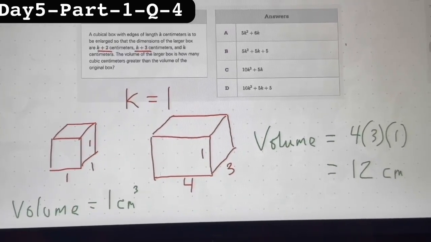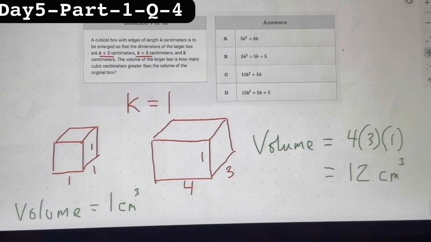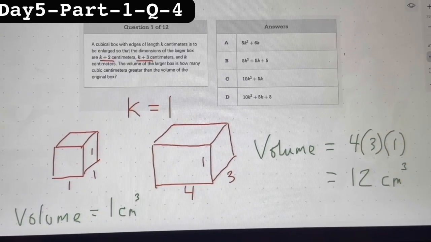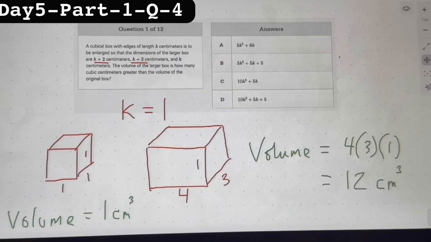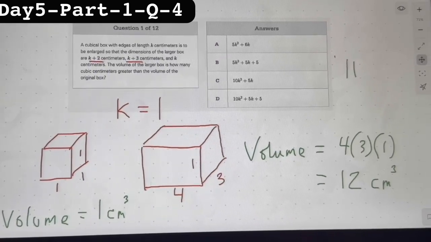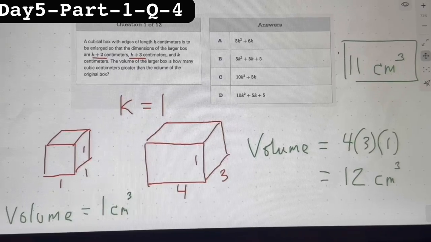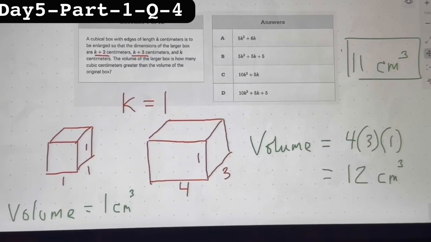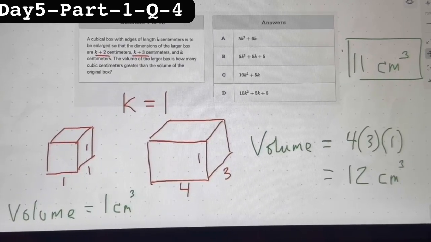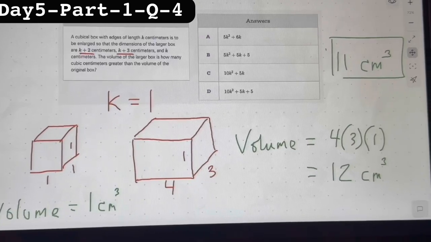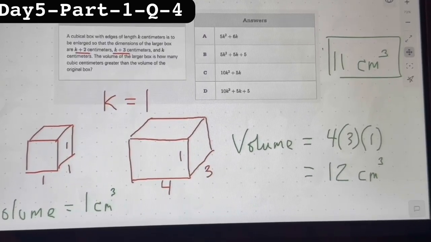The big one is 12 and the small one is 1. How much bigger is the big one? 12 minus 1 is 11. So it's 11 cubic centimeters bigger when K is 1. Does that make sense?